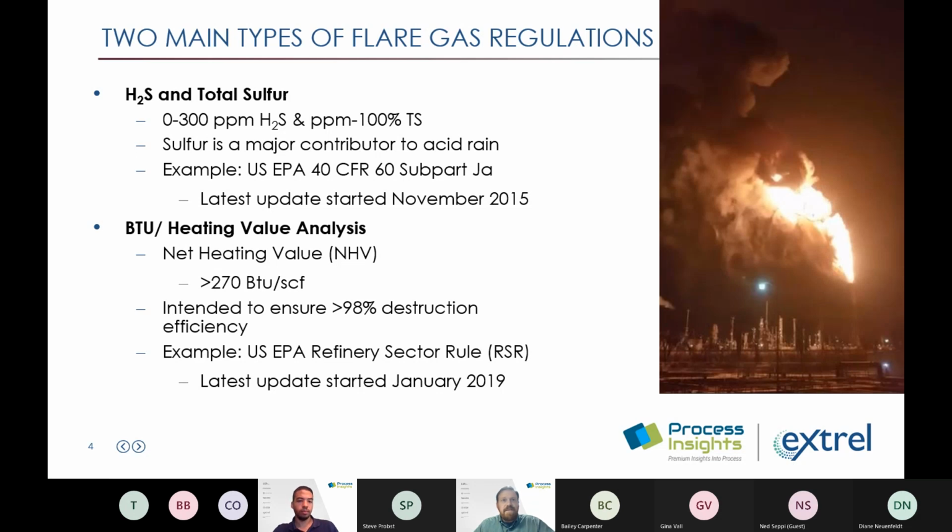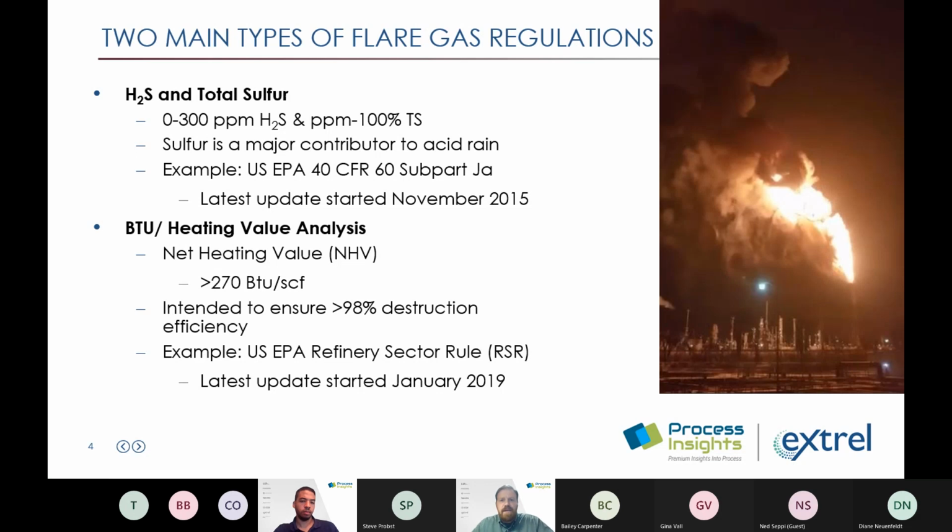You can see this first group I've called out specifically H2S and total sulfur as measurements that are required. A really good example of this in the U.S. is the EPA regulation documented under 40 CFR 60, subpart JA. Sometimes people just call it subpart JA.